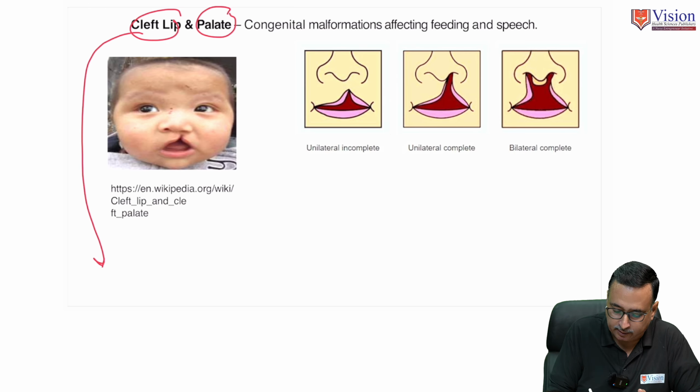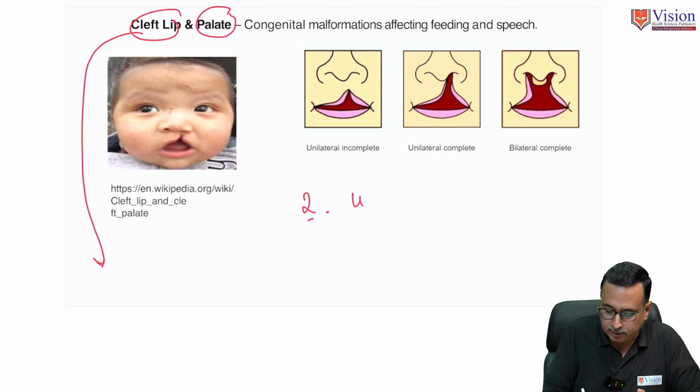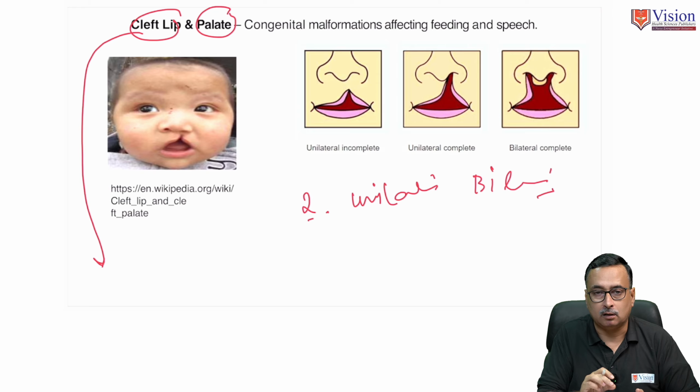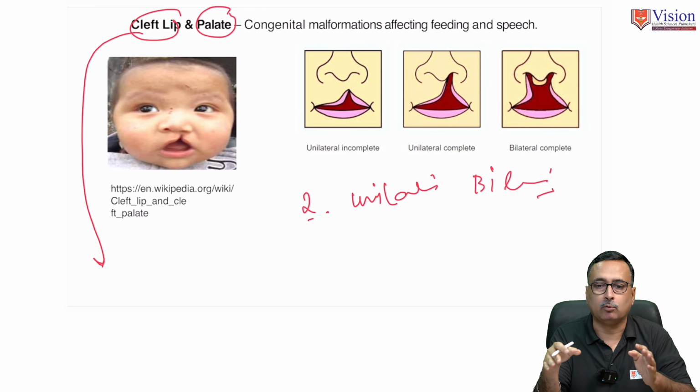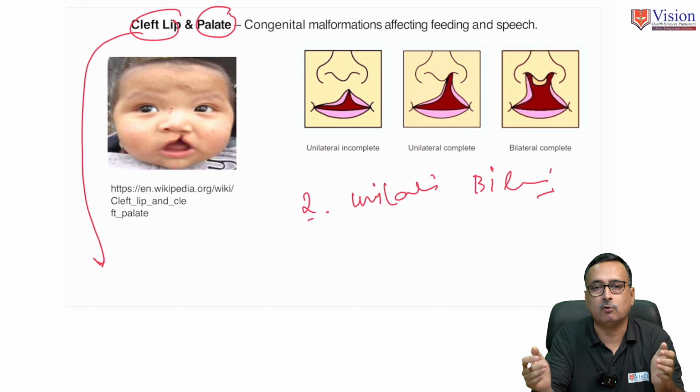Second, the split in a lip may be either unilateral or bilateral. That is, if it is in the lower lip, the split can be on the left side, unilateral; when both right and left areas of the lower lip are involved, then it is bilateral.